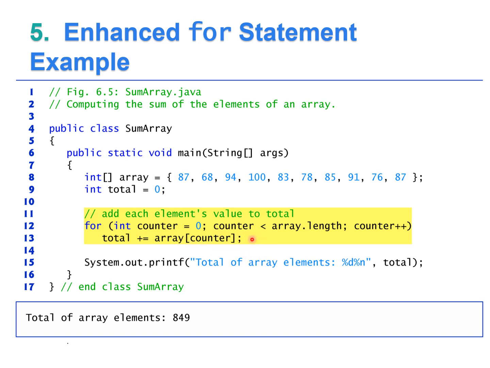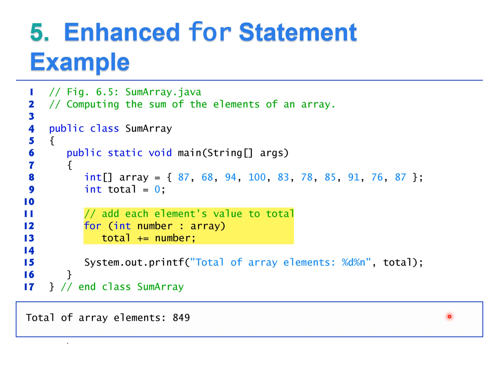So we can replace this for loop with an equivalent enhanced for statement. Here we specify the element type int, then use a variable number to hold the array element's value, and specify the array name after the colon.